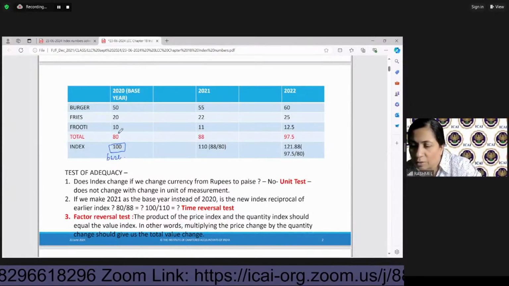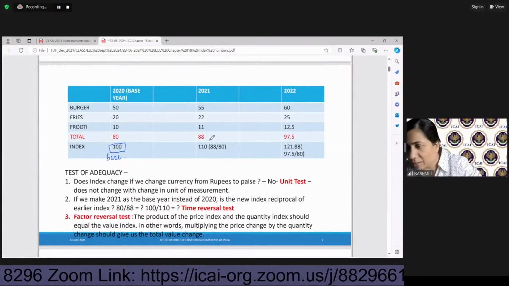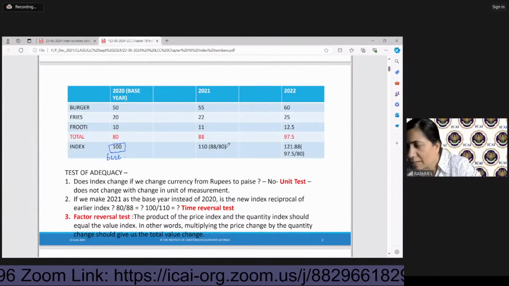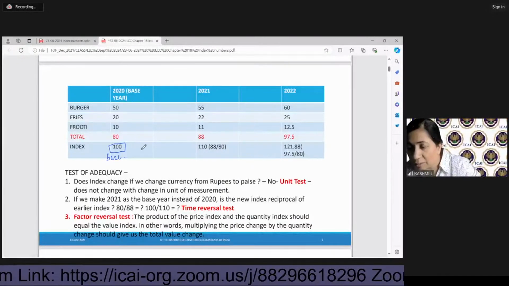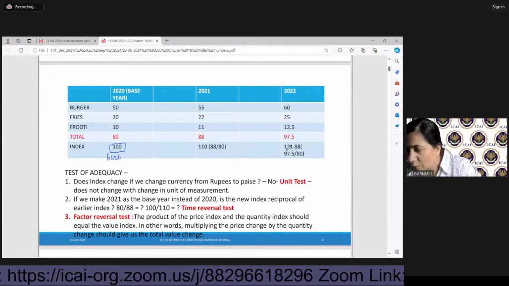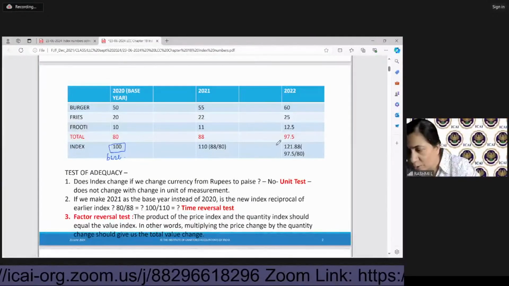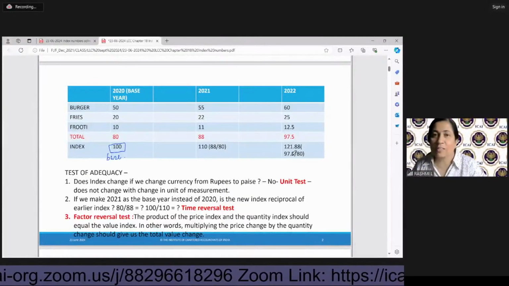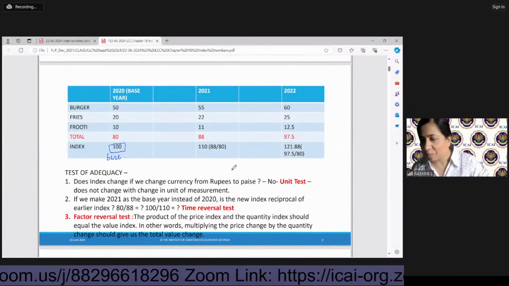So for 80 rupees, I consider that as a base of 100, and that becomes 110 and then becomes 121. Now it becomes easier for me to compare. And where did this 121 come from? 97.5 upon 80 into 100. So I'm getting 121, and you can see the change in the pricing.